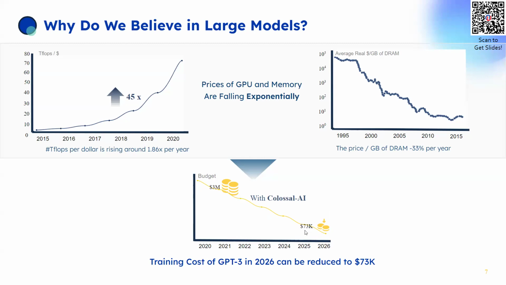Probably it can be just $10,000 to train GPT-3 in 2026. So that's why we believe we can do something to make full use of GPU hardware or similar hardware like TPU.